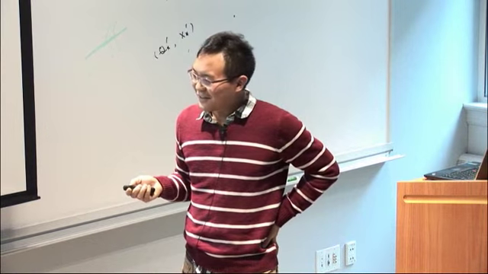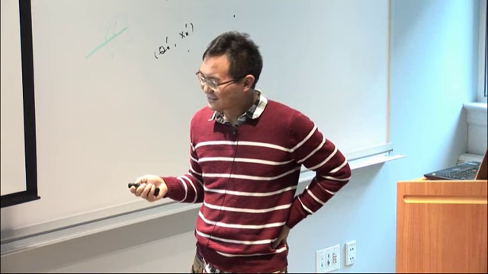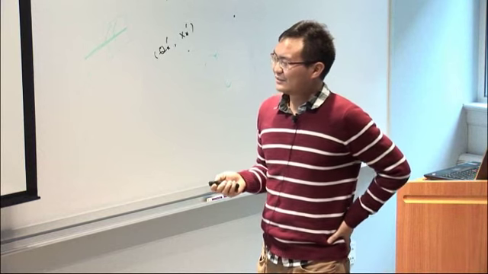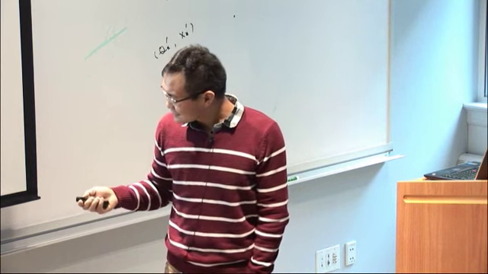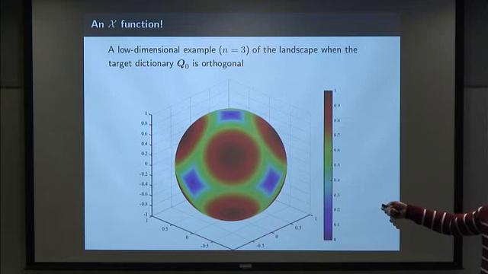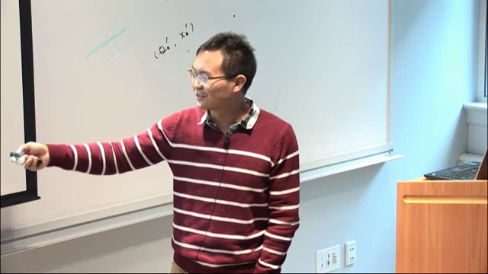It's definitely not convex. It's very easy to find these local minima, different local minima. But it's interesting that although it's not convex, if you check the values, all these guys actually have the same value. So all these local minimizers are global.